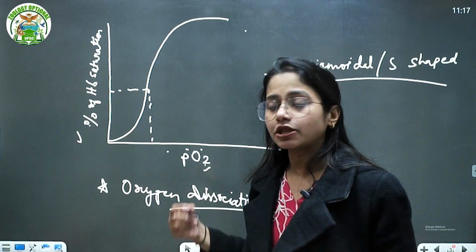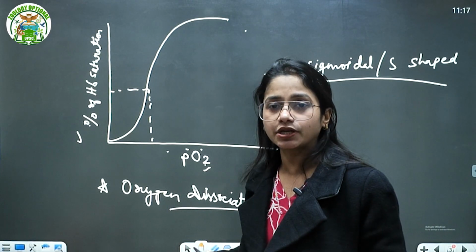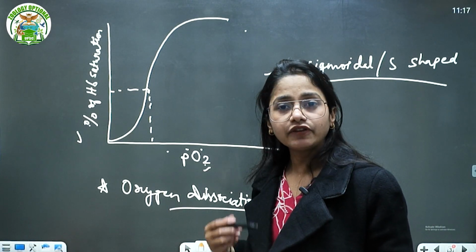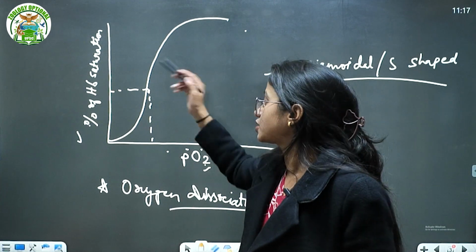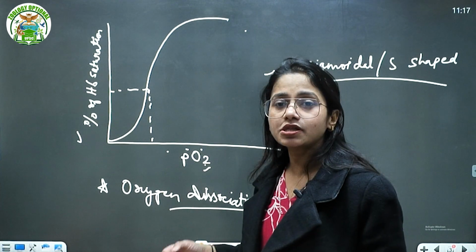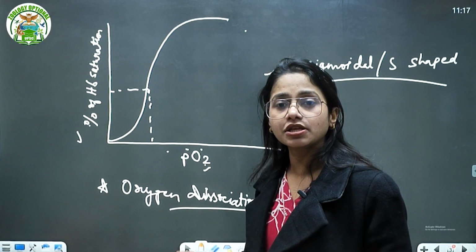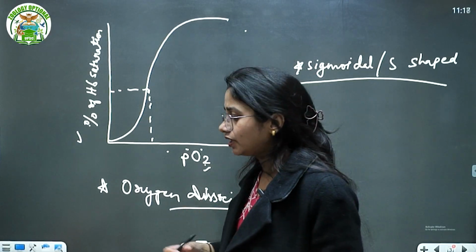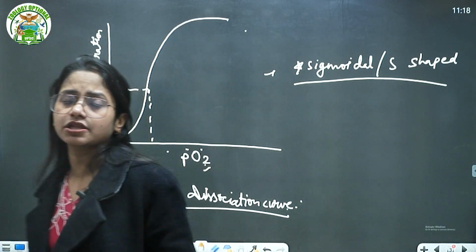That means at the various organs of your body, the oxygen pressure concentration is different. All this transportation occurs with the help of blood. So when the blood reaches the lungs, or better said the alveoli, it shows a very high affinity with the oxygen concentration.